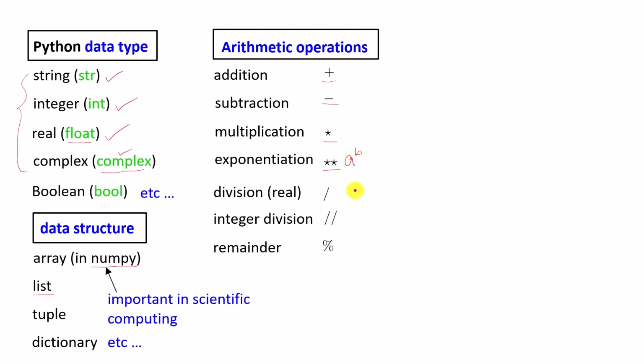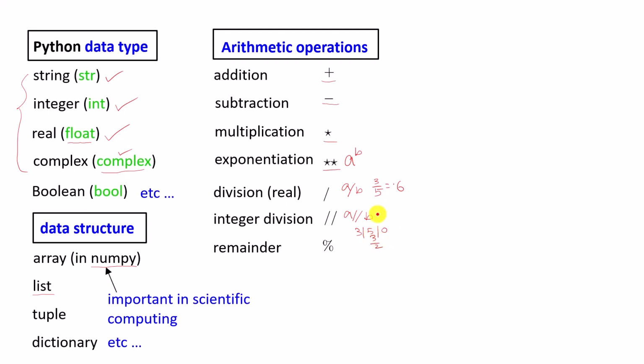Then I have a real division. That means the actual division, like a divided by b. When I divide a by b, I can have an integer division as well. So for instance, if I divide 3 by 5, I get a real division of 0.6, but in integer division, 3 by 5 gives 0, and the remainder is 3.